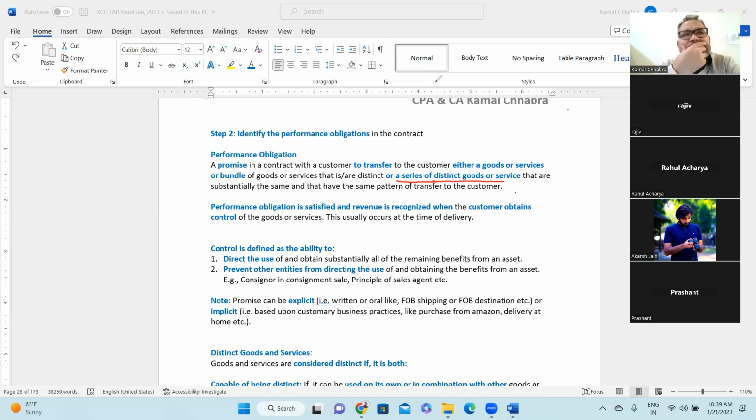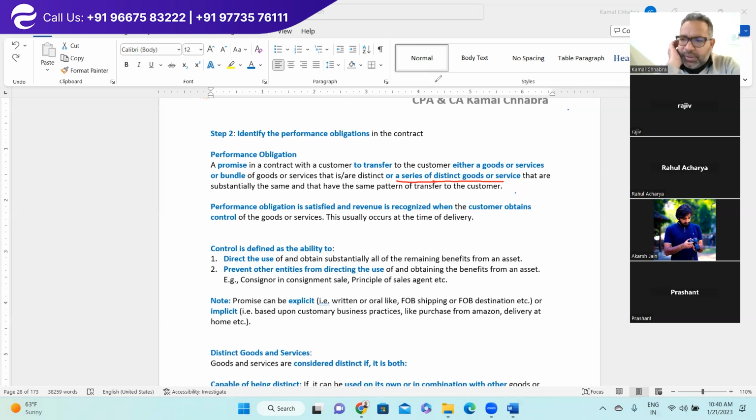Another example: in your office, you may have a facilities management team. So if you have an office in any corporate building, there would be a facility management team providing services like cleaning, plumbing, and electrician to your building, right?